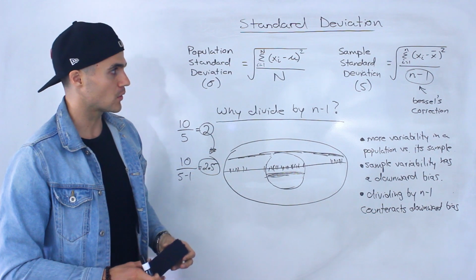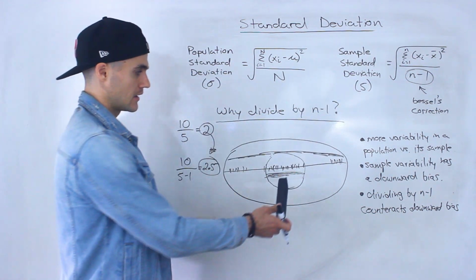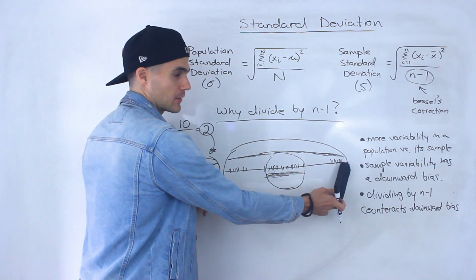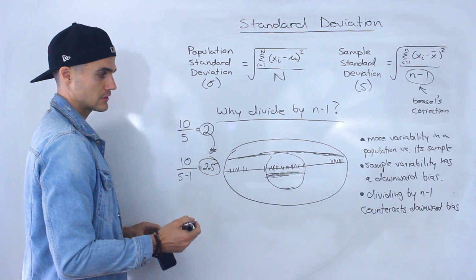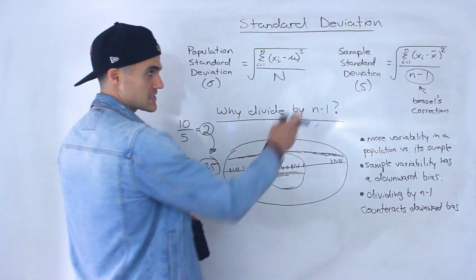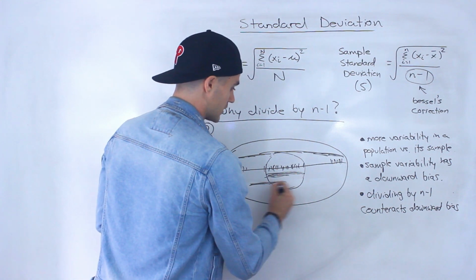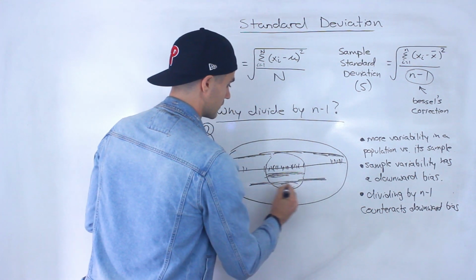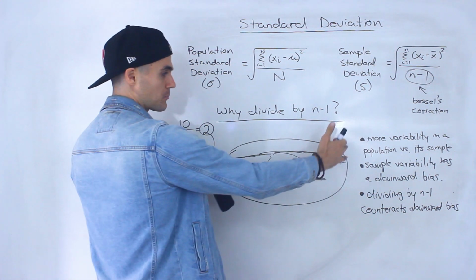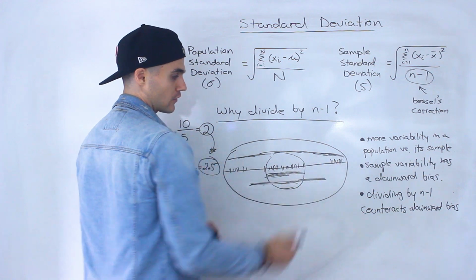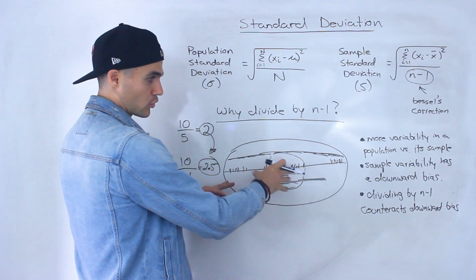And actually, dividing by this n-1 doesn't always take this variability and bring it up to this variability. We're actually going to see that in the example that I'm going to do. So a lot of times, even with that correction, the sample variability might just be over here. It's still not going to fully accurately represent that population variability, but nevertheless, it represents it more closely.